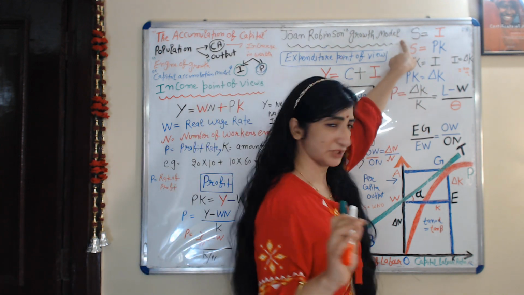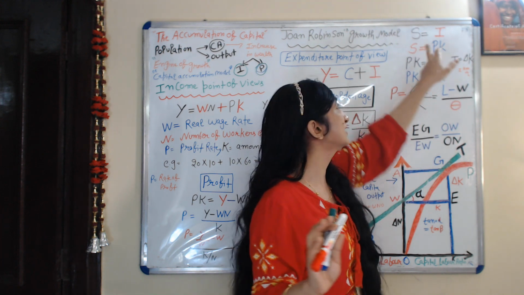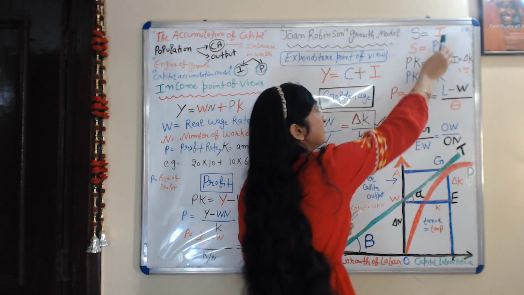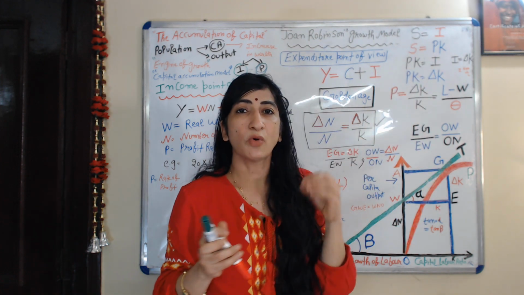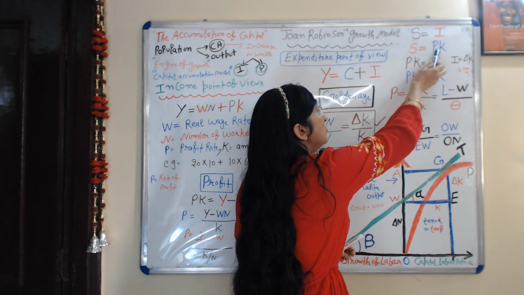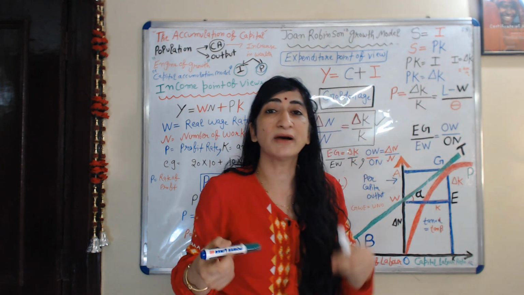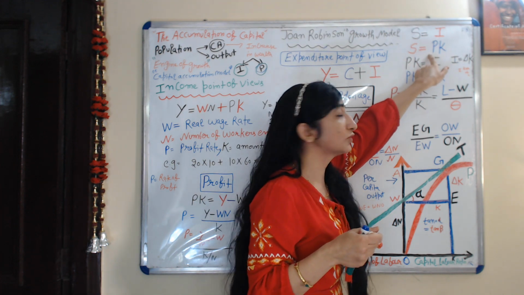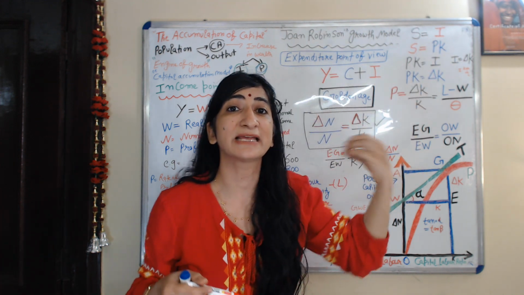According to Keynes, saving is equal to investment. And according to this model, saving is equal to the profit that is earned by the capitalist.